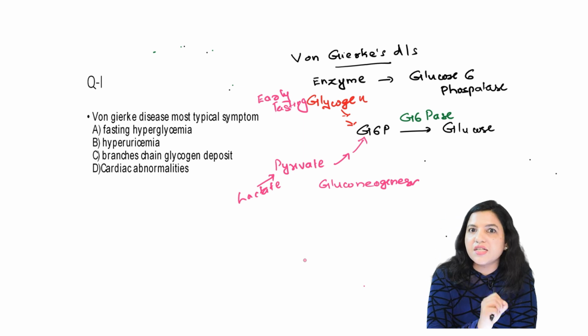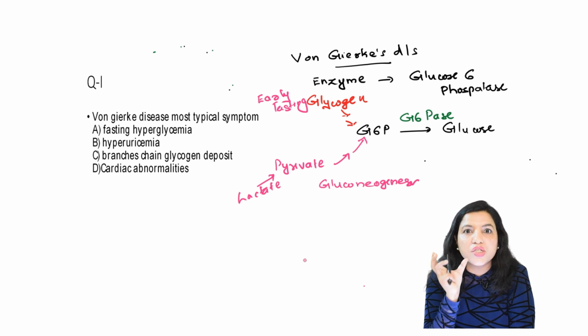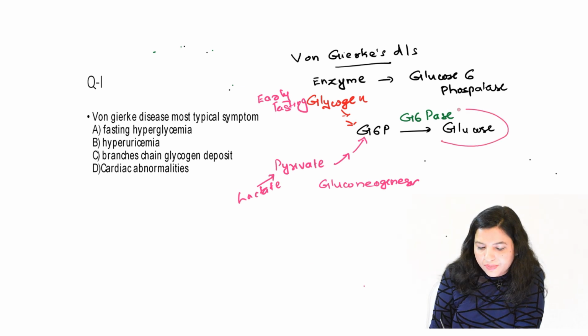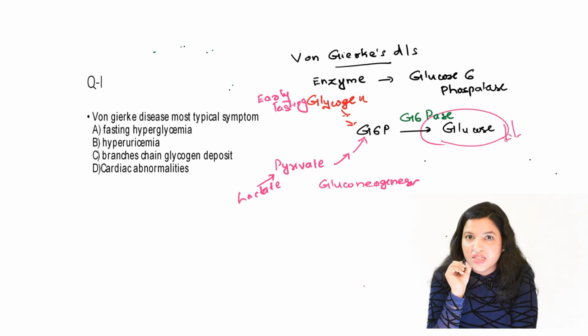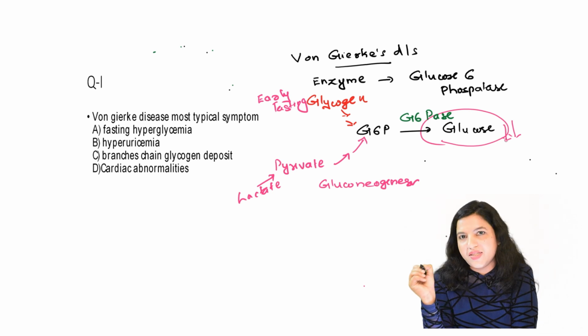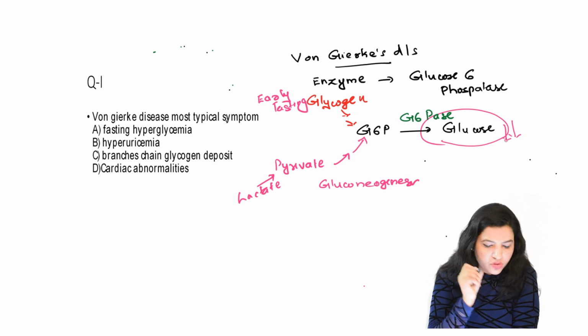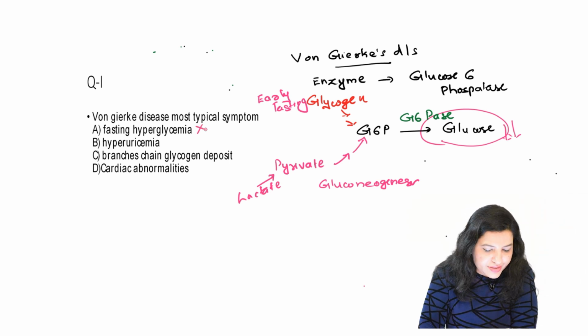In the fasting stage, the final step of gluconeogenesis, which is glucose 6-phosphatase, is also not taking place, which means the glucose level in the blood will come down. So that is fasting hypoglycemia. It is not hyperglycemia. So option 1 is out of the question. It is not the correct answer.